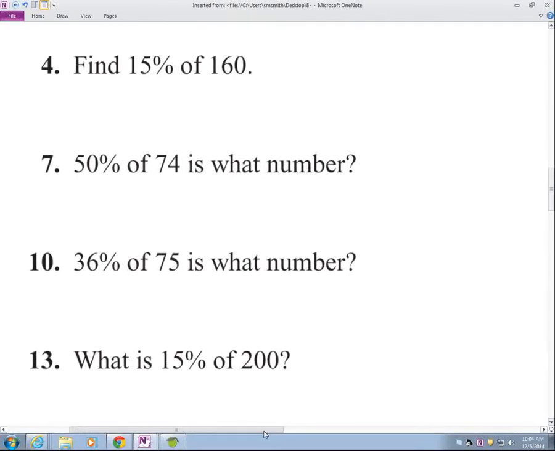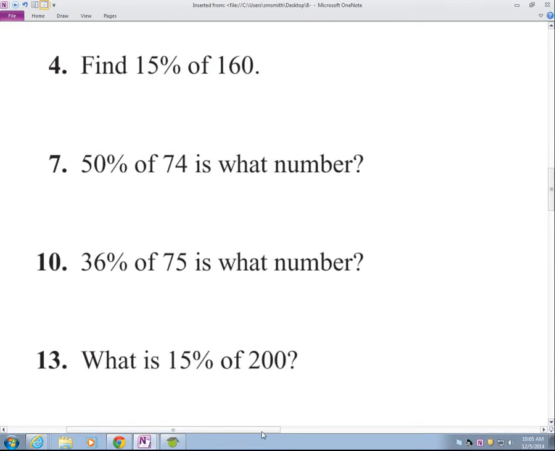So let's do number 4. It says find 15% of 160. The first thing I'm going to do is create a proportion. What did you notice that we need to throw in there right away, Lexi? Actually, there's something that happens even before that that's going to help us out even more.